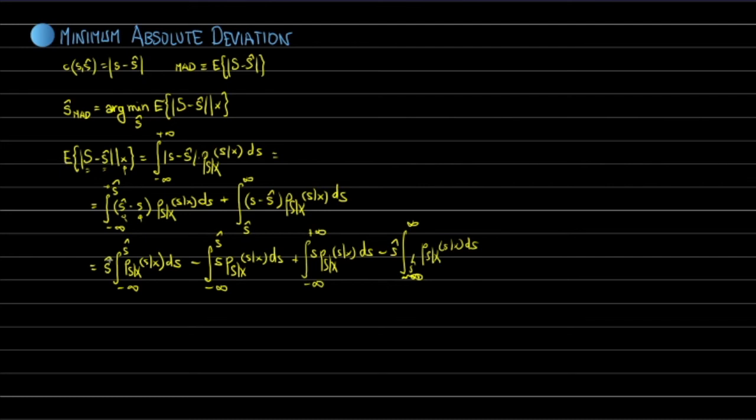We want to minimize with respect to S hat, so we will compute the derivative with respect to S hat of the conditional risk.